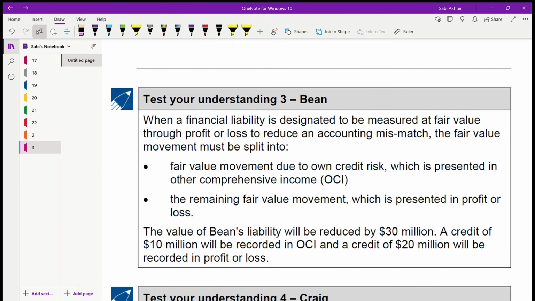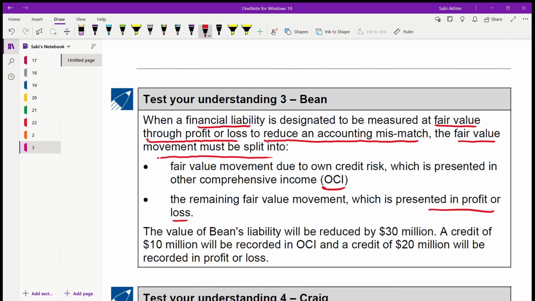This is a financial liability when it is designated at fair value through profit and loss. Okay. It should be designated at fair value through profit and loss only to reduce an accounting mismatch. And that fair value movement must be split into two things. We have mentioned it, OCI and profit and loss account. How do you measure it in OCI? First OCI, then the balance is profit and loss account.